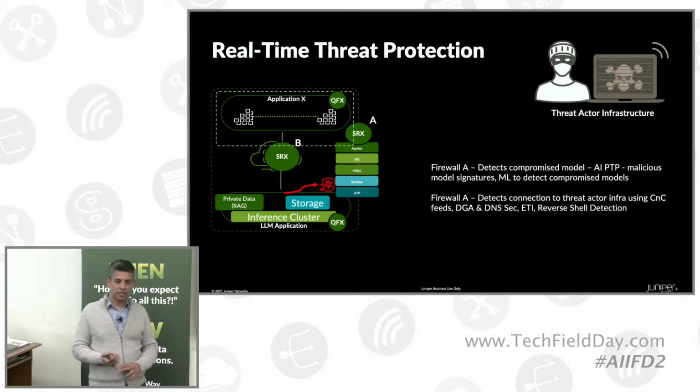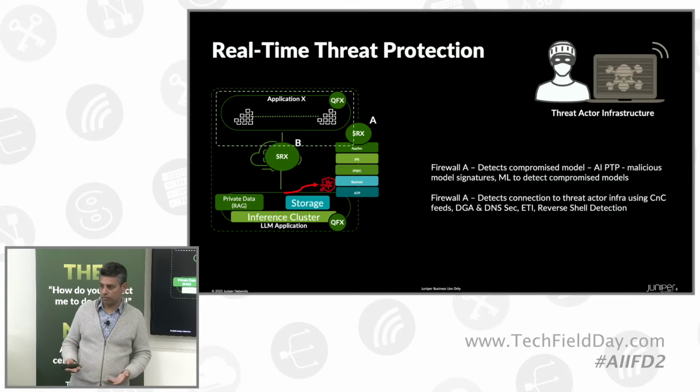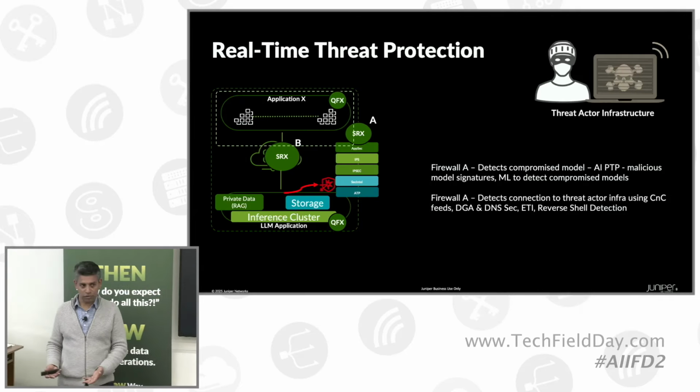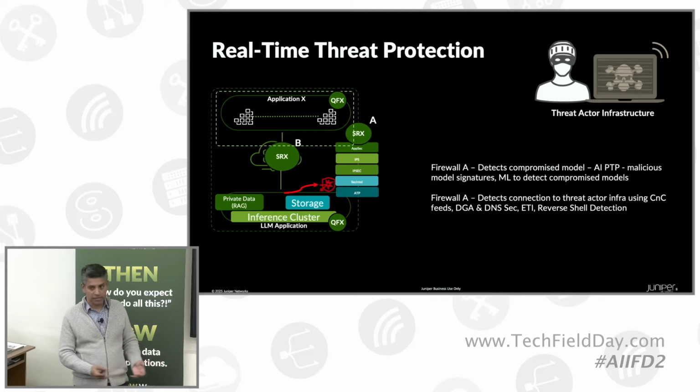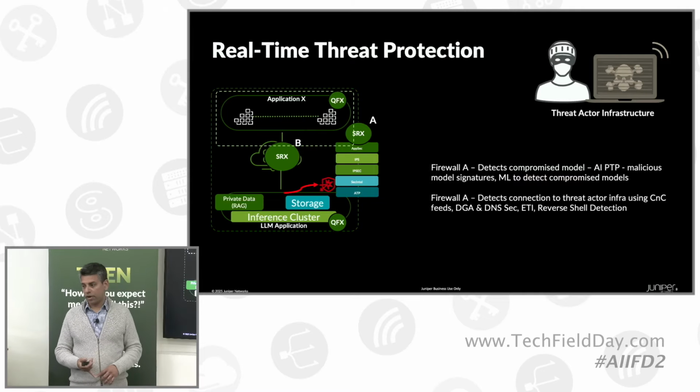So if that's going out, then that same data center perimeter firewall has several things. It's got direct signatures like command and control feeds, where there are known threat actor IP addresses or infrastructure IPs that we can block against. Typically, these models are looking at different IPs, connecting to different kinds of domains. So things like domain generation algorithms or DNS security can be used to help protect that. We built another machine learning algorithm called encrypted traffic insights.